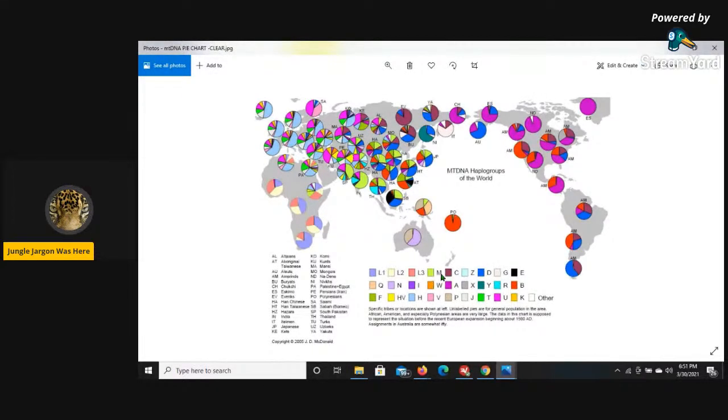So the M, C, Z, D, G, and E and Q are Asian or Japhethite maternal chromosome. So anything that's M, because you can see the M here, this is Asian.